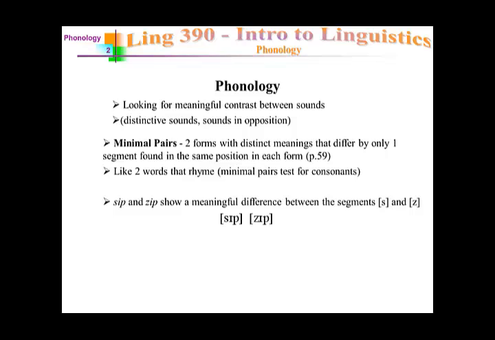We've already talked about a few examples of minimal pairs, and it's a good exercise to try to find additional examples of minimal pairs. We can start with something like sip and zip. These words differ only in their first sound, where one has s, the other has z. All the other sounds are identical. This tells us that s and z are two sounds that are used in English to signal a difference in meaning.